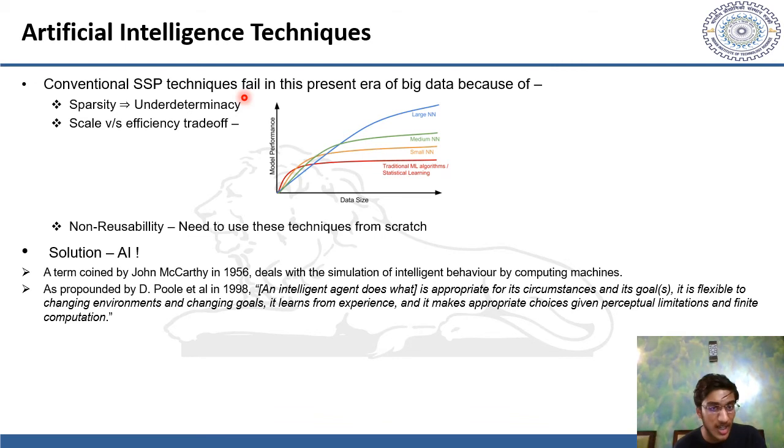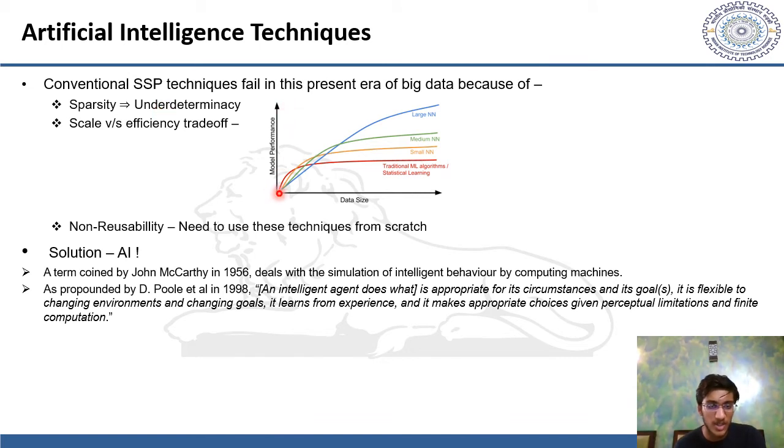Its generalization accuracy, that is when we use the same statistical signal processing technique on another set of similar data in the same domain as the previous data, is extremely low when we deal with the large volumes of data that we have nowadays.